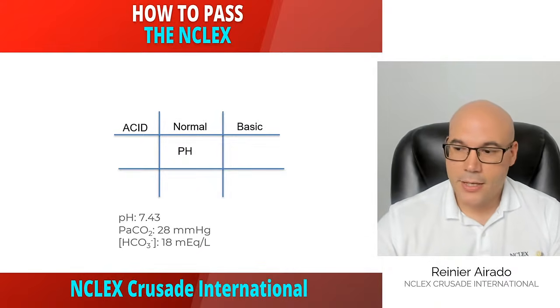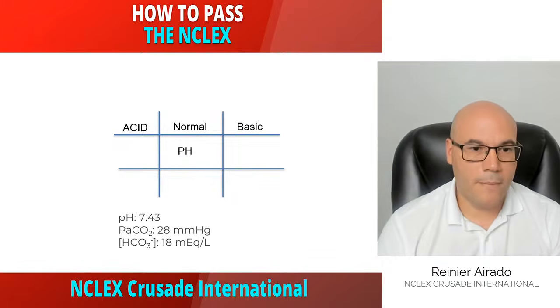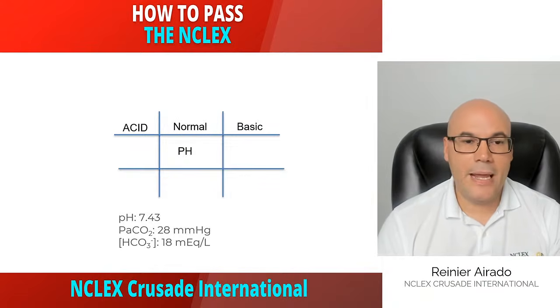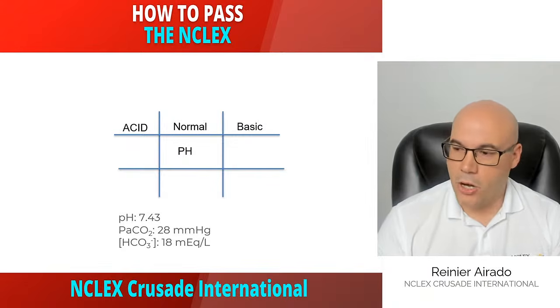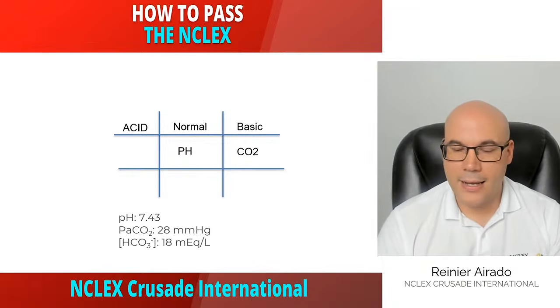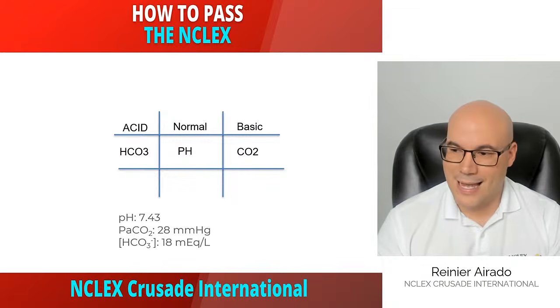The pH is 7.43, normal. The CO2 is 28. The CO2 is below 35, so we're going to put it on the CO2 basic. And bicarbonate is 18. So bicarbonate is acidic.